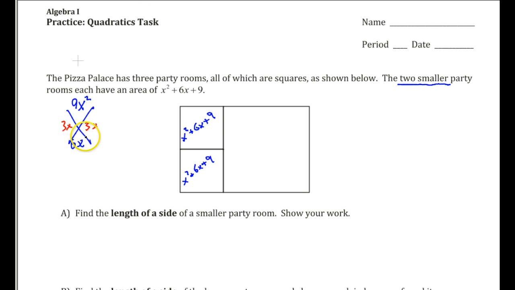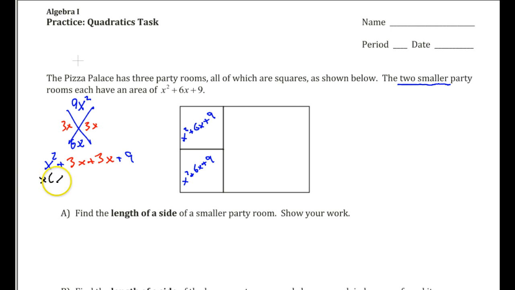You get the 3x and 3x. Do the factoring, right, which would be x squared plus 3x plus 3x. Exactly what you guys have been practicing for weeks now.